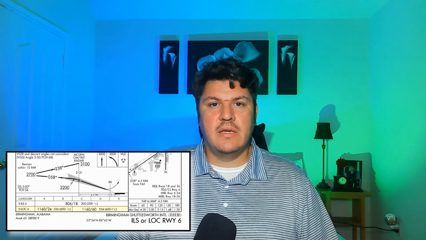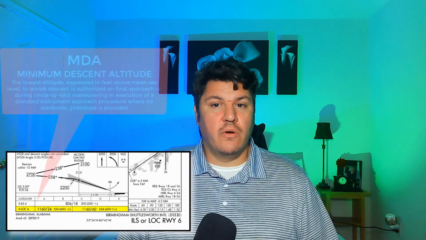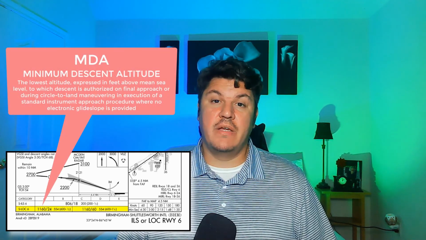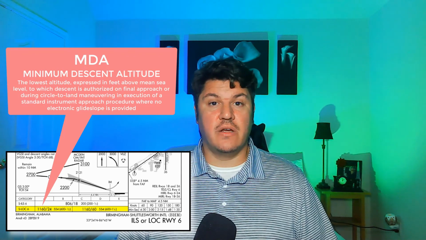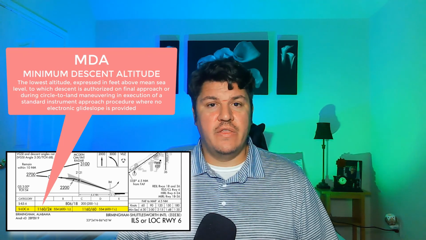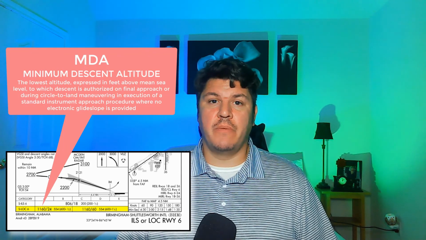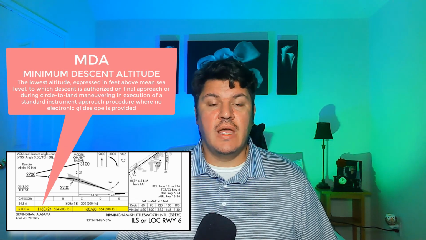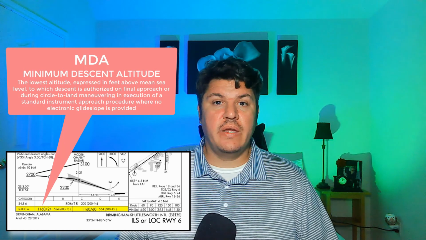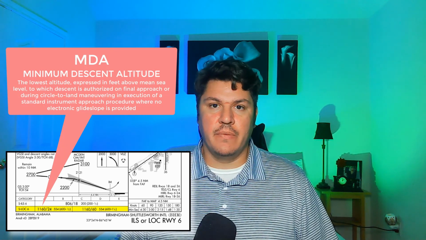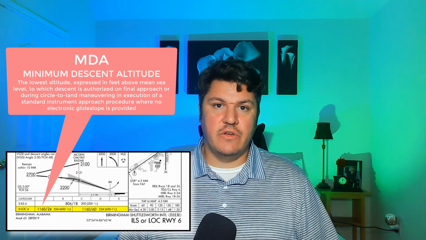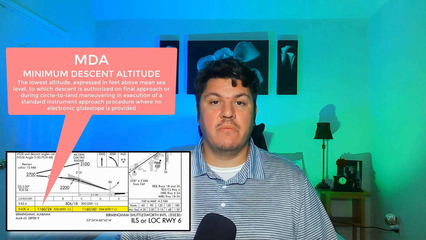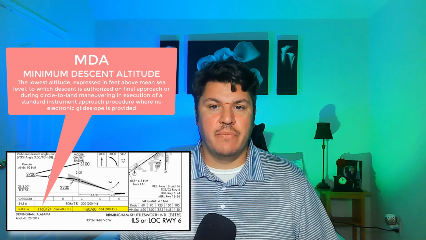Down below this, you can see the minimums for the localizer runway 6. Now, because we do not have vertical guidance on a localizer, this is not going to be your missed approach point. We're simply going to descend to these altitudes and hold this altitude until we can continue to the airport visually. And if we cannot continue visually, we're going to fly the missed approach at the missed approach point, which we'll cover next.